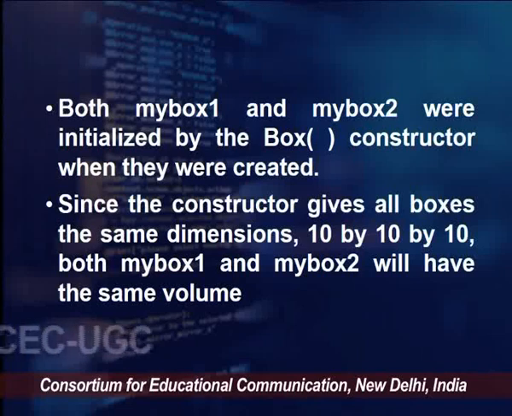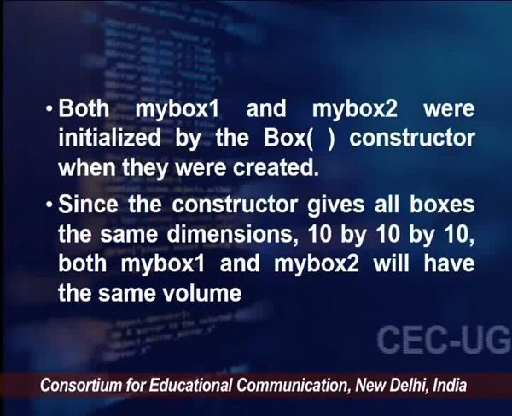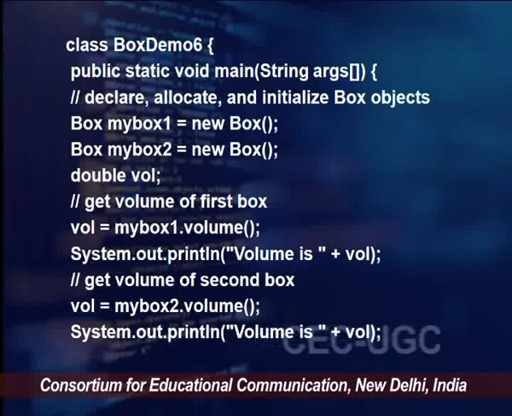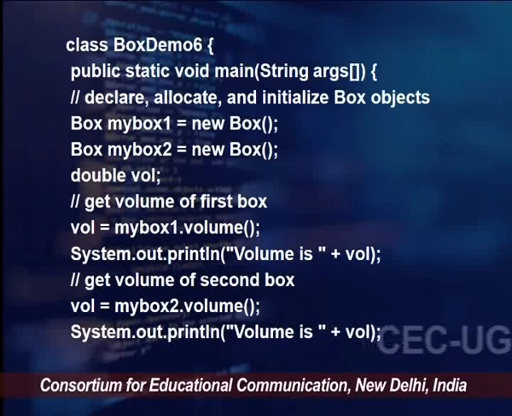That means in the line Box mybox1 = new Box(), the Box followed by parenthesis is actually calling the function named Box, and that is nothing but the constructor. So when we are creating the objects, in the line Box mybox1 = new Box(), we are actually calling the constructor in an implicit manner.